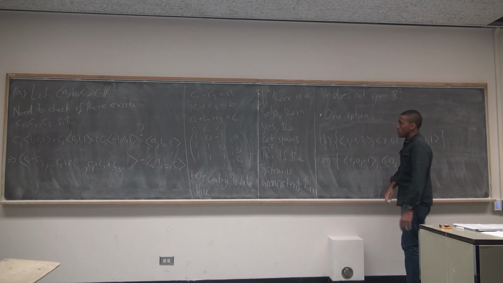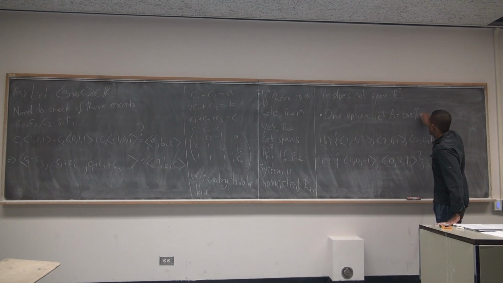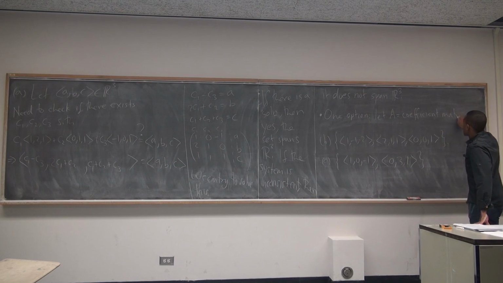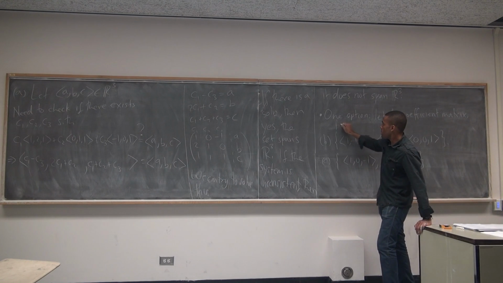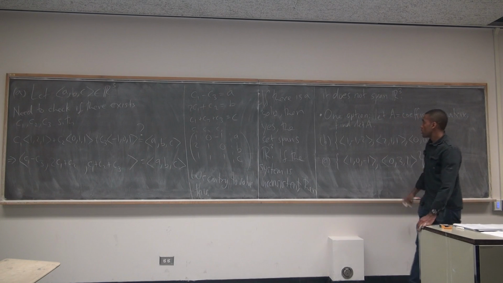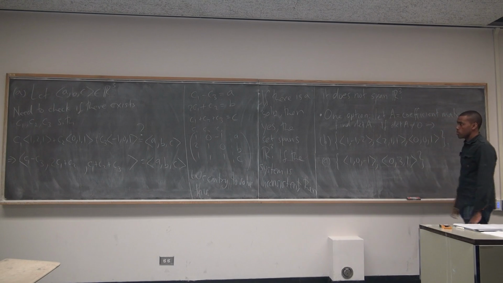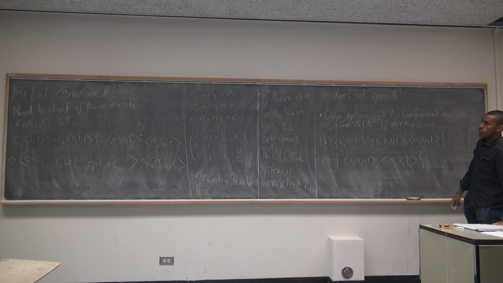One option is the following. Let A be the coefficient matrix. Then you can find the determinant of A. And if the determinant of A is non-zero, what does that mean? There is a unique solution.